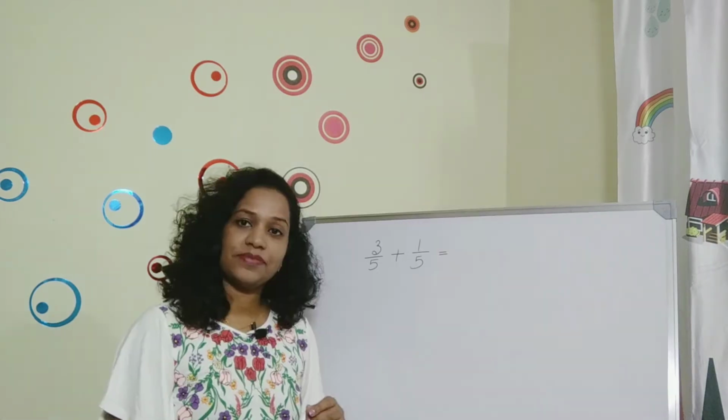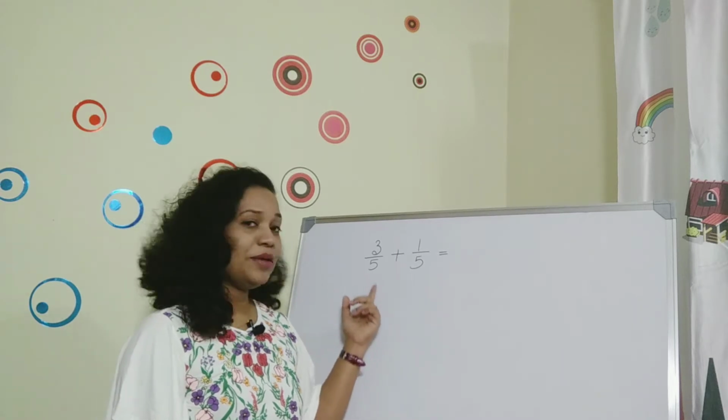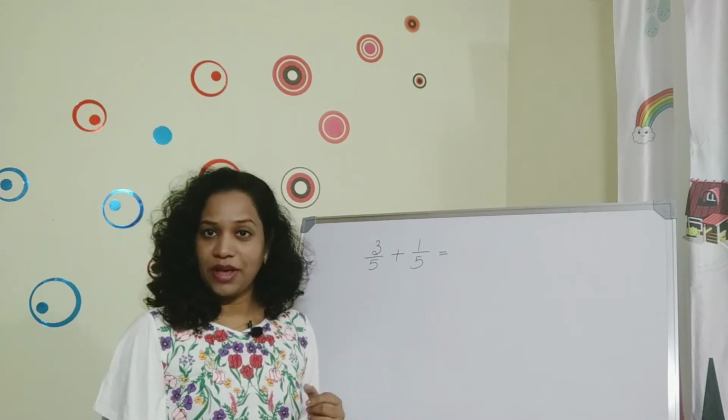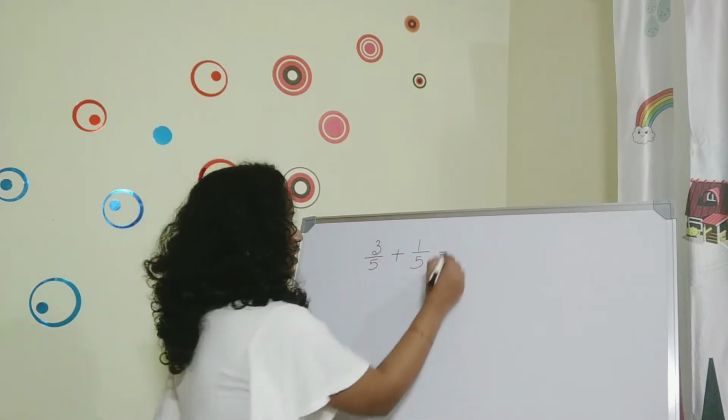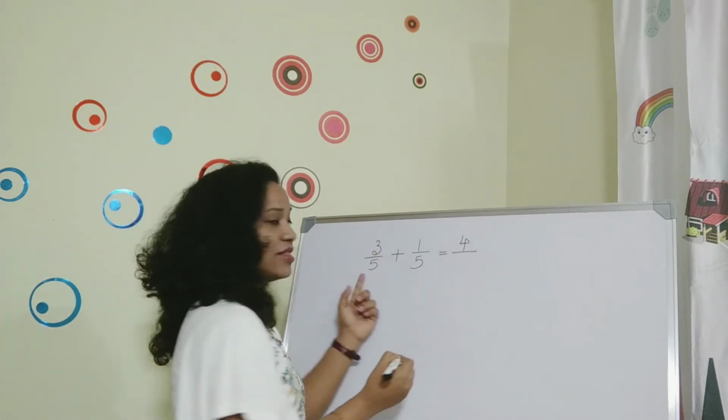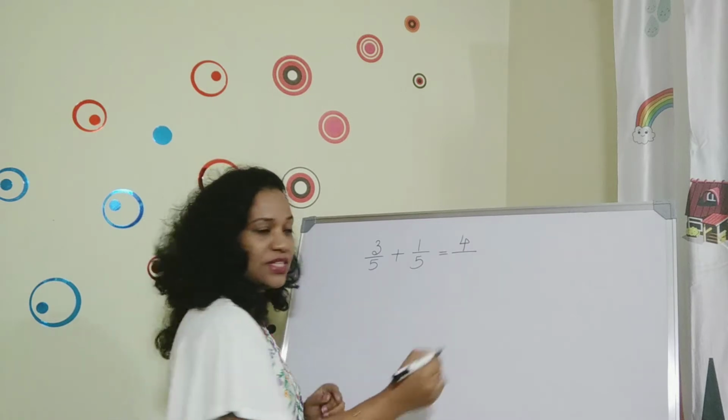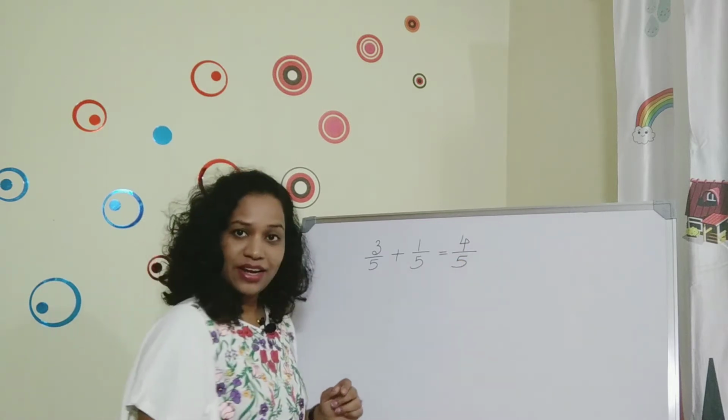I am sure that all of you have learnt addition of like fractions. What is 3 by 5 plus 1 by 5? It is 3 plus 1, 4 by the same denominator which is 5. Right?